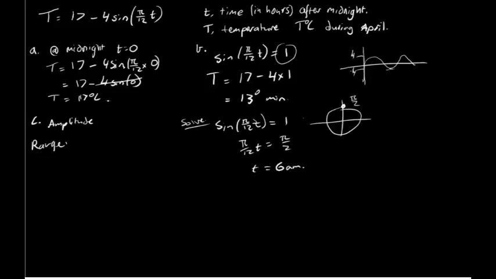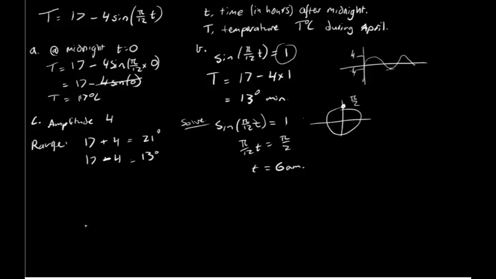Our amplitude in this case is 4. We've got an equilibrium spot at 17. So 17 plus 4, 17 take 4, we get 21 and 13. So it varies between 13 degrees and 21 degrees.